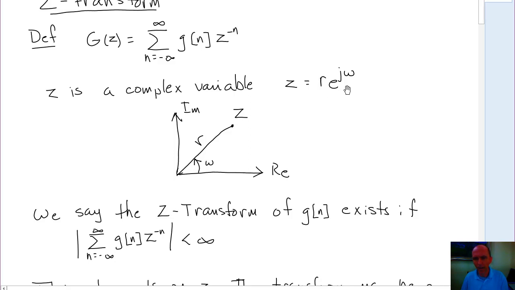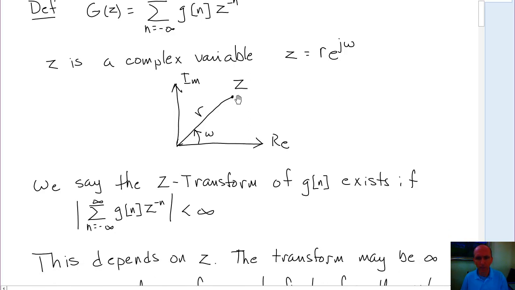We write it as the magnitude and the phase. So if we have a complex number z written in polar form, r is the distance from the origin, and omega is the angle. Of course, zero angle is along the real line, and positive angles are counterclockwise.